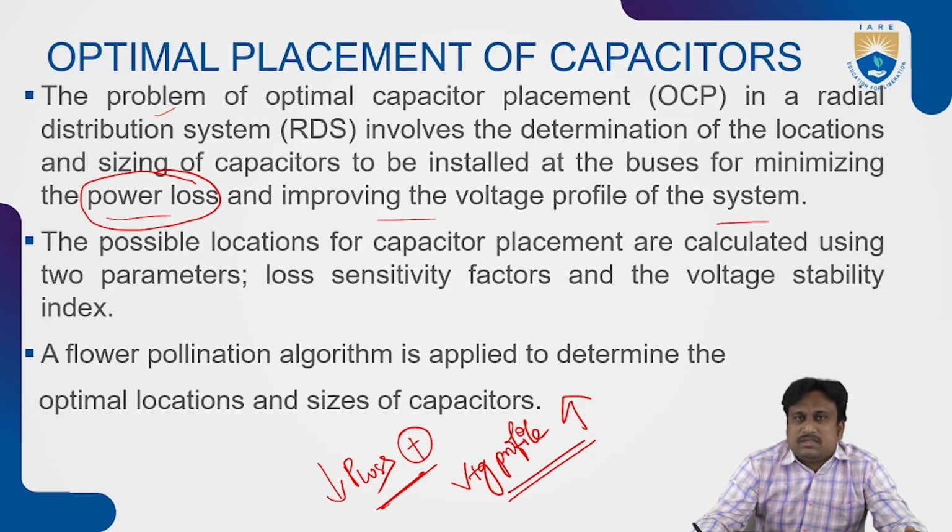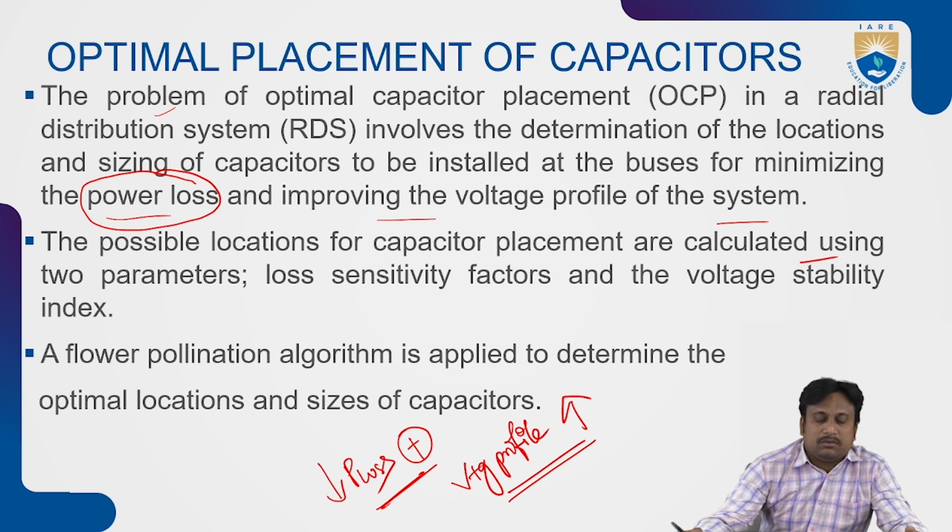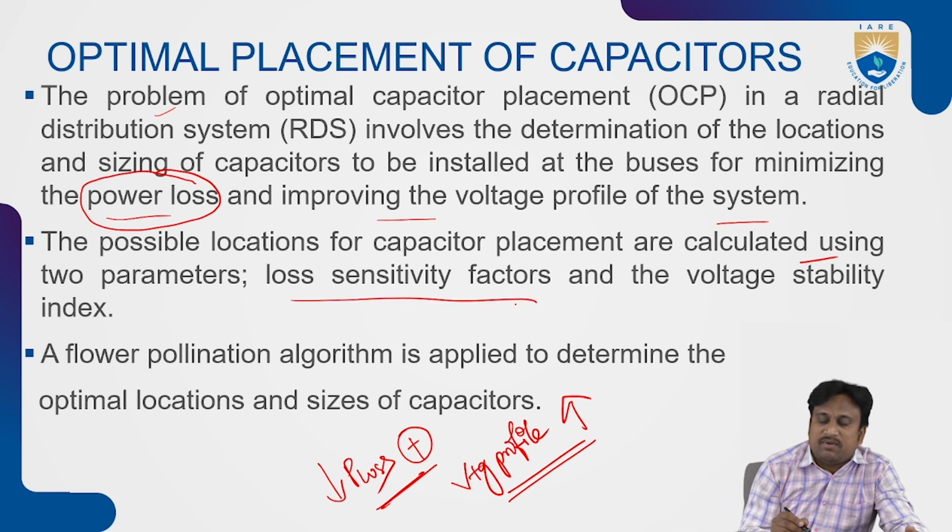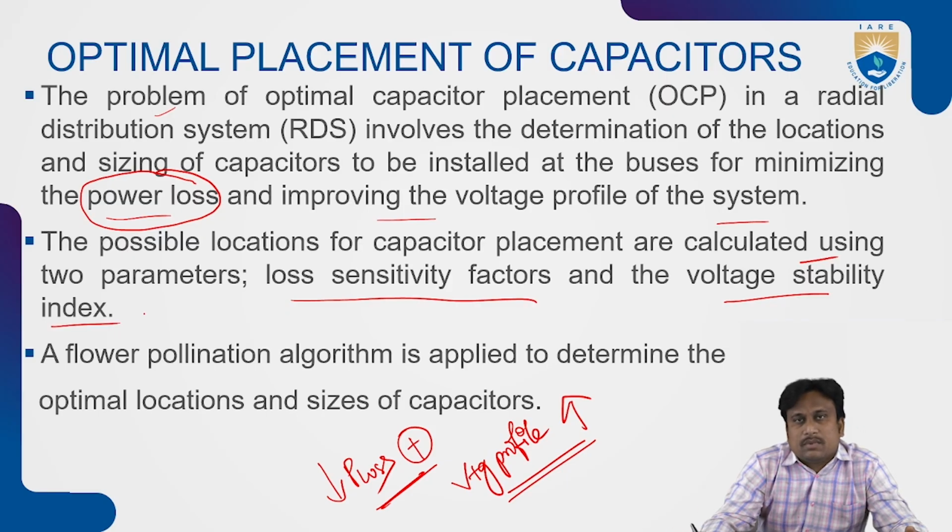The type of connection may be series connected or parallel connected. Here we search for possible locations for optimal placement of the capacitors, which are calculated using two parameters: loss sensitivity factors and voltage stability constraints.